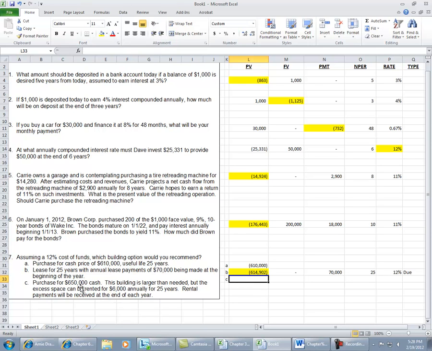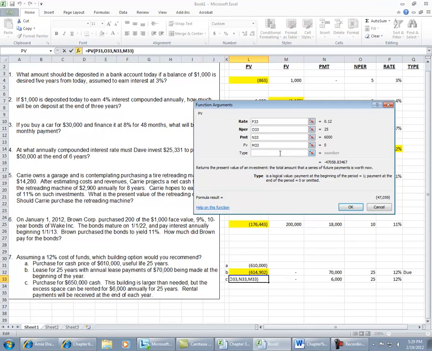We're going to pay $650,000 up front, but we can rent out the space for $6,000 annually for 25 years. That's going to be an inflow to us. So let's figure out what the value is of $6,000 coming in over 25 years. Rental will be received at the end of each year, so that's going to be an ordinary annuity.